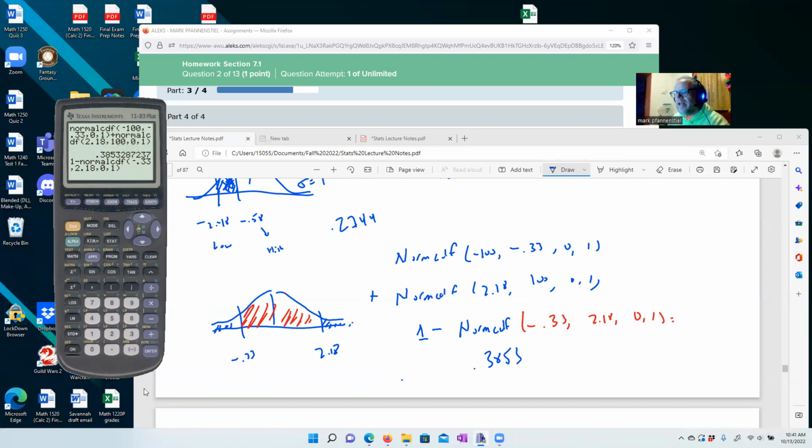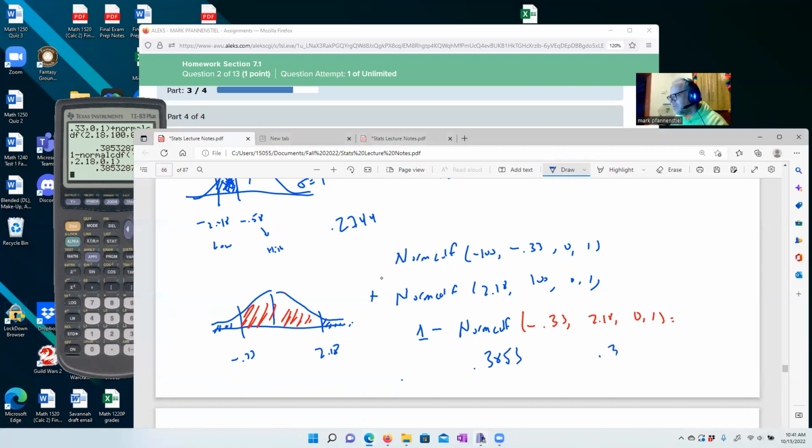Enter, and look at that, 0.3853. Which one is right? They both are.